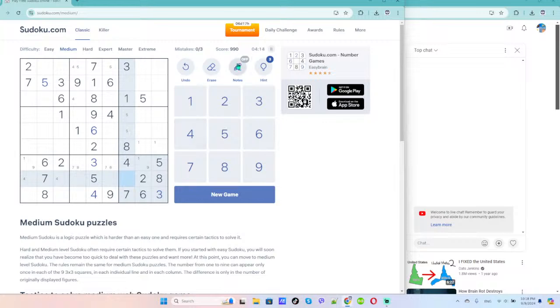So now we have 1 and 9, another pair. But wait a minute, did you say that there is already a number 1 here? So 9 goes here, 1 goes here. Great. And the application automatically erased the notation here.